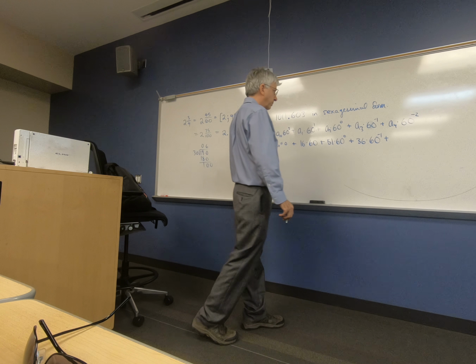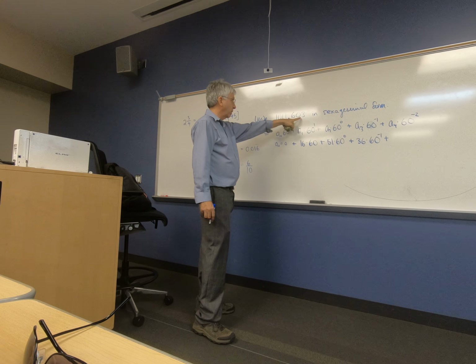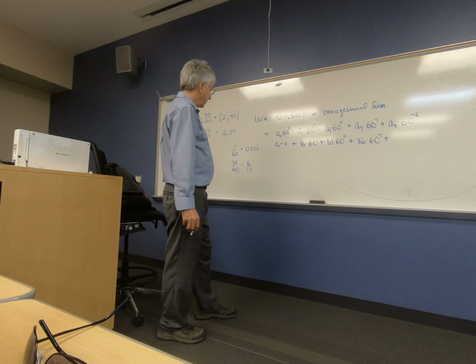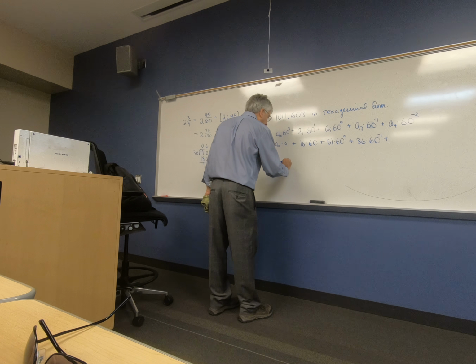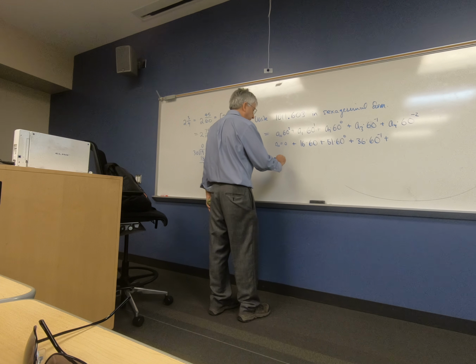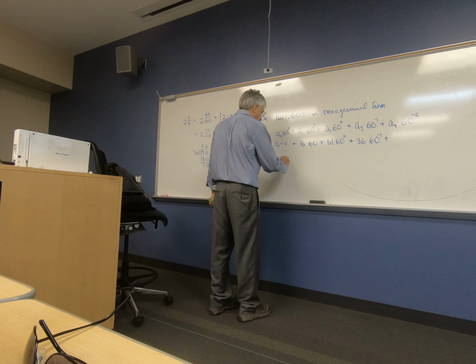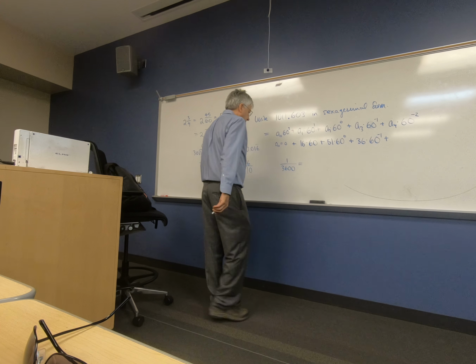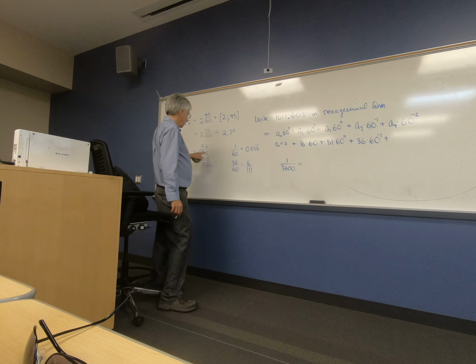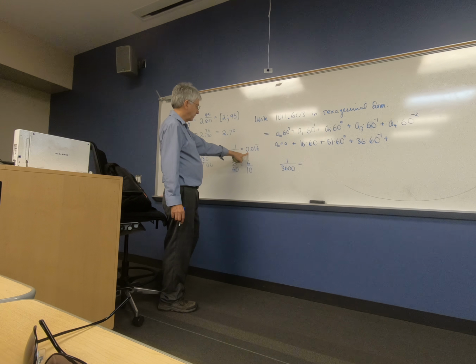Okay, then what's left? Well, I have just this 0.003, and I want to know what part of 60 to the -2 is that? So I want to say 1 over 3600. What is that? Well, that's going to be this number divided by 60.